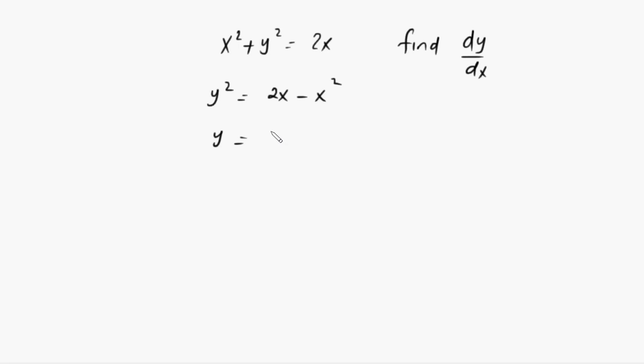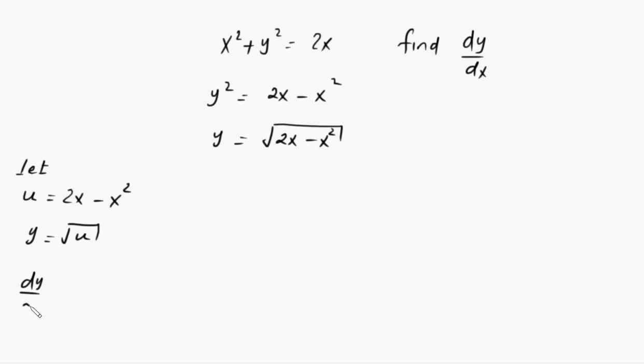Then angefanya chain rule. Angesema let u is equal to 2x minus x squared. So it means y is just equal to the square root of u. So his dy dx now from chain rule ingekuwa dy du times du dx.